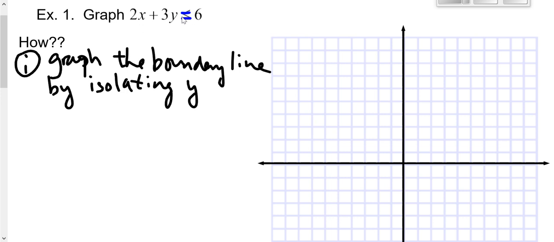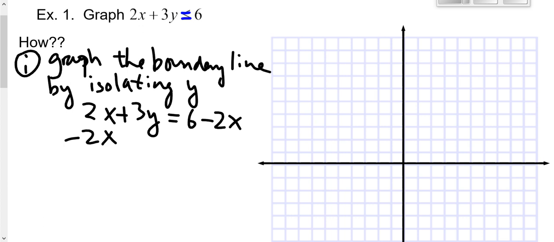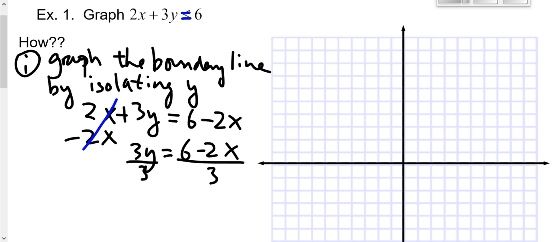So if you manipulate this, so 2x plus 3y equals 6. Okay, then minus 2x on each side. So minus 2x, they cancel out. So that means 3y is 6 minus 2x, and then divide both sides by 3. So 3 and 3, they cancel out.